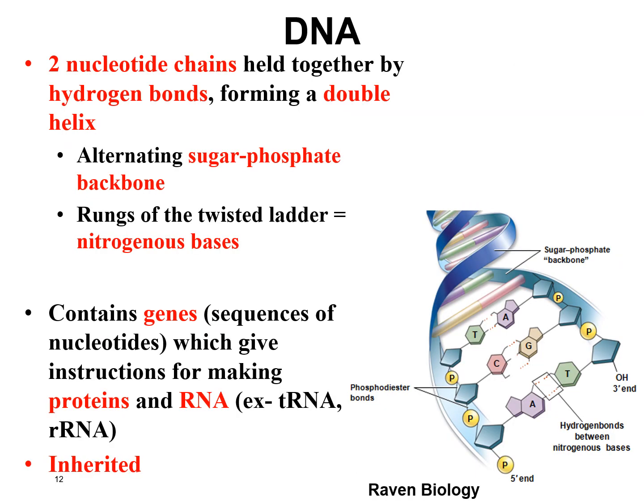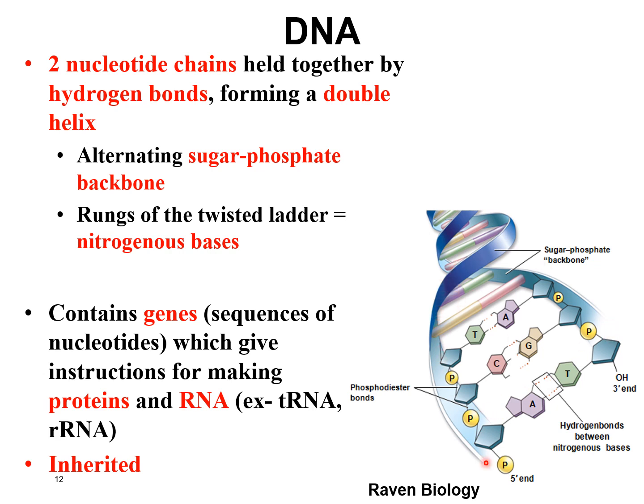Okay, and with the structure of DNA, remember that we've got 2 strands, and hydrogen bonds are going to hold together the 2 strands in the middle here between the nitrogenous bases, and it forms this double helix. And the rungs of the ladder are formed by the nitrogenous bases.